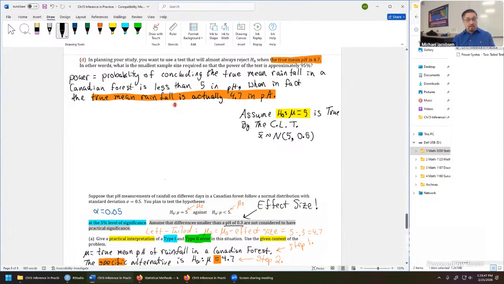So if we want power, we assume something different. Power means assume this. It's not your entire alternative hypothesis. It's a specific alternative hypothesis that mu is actually 4.7 in pH.